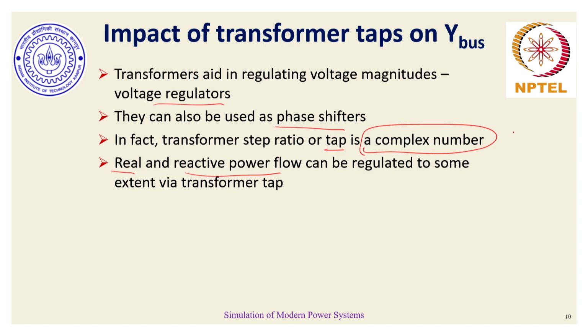A complex number will usually have some magnitude with some phase angle associated with it with respect to some reference, obviously. If the complex number has 0 as the phase difference, that means this magnitude pertains specifically to only voltage regulators.